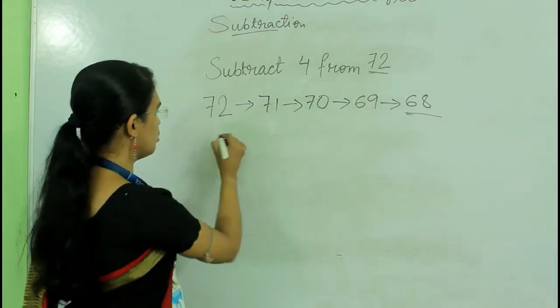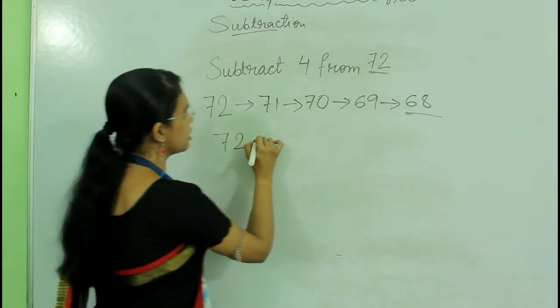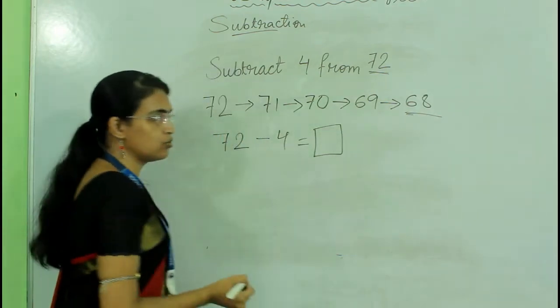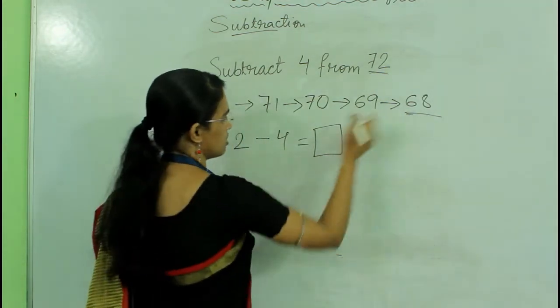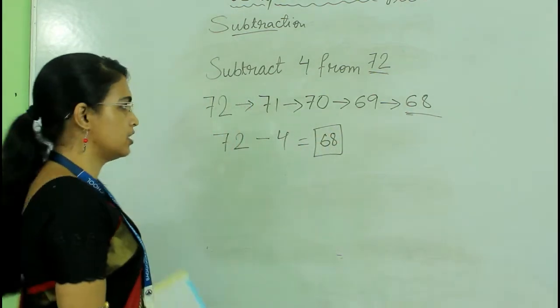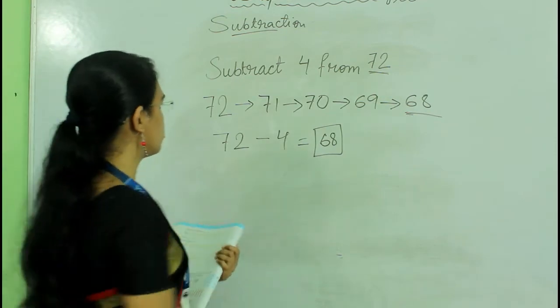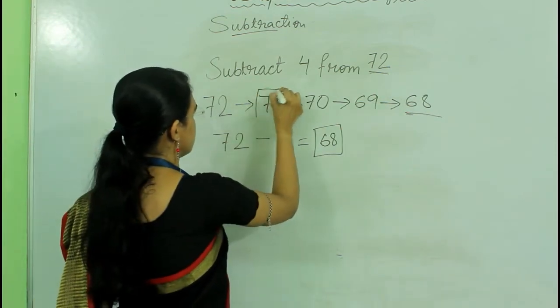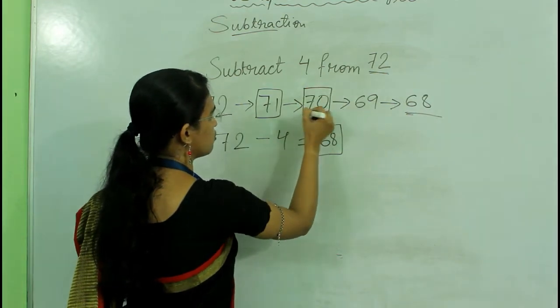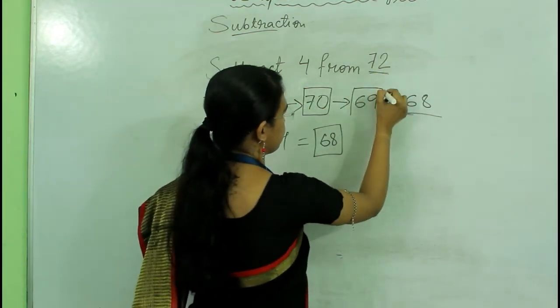That means if you subtract 4 from 72, you get 68. The answer is 68. In this way, you have to solve these sums. So in this box, you have to write in this way.